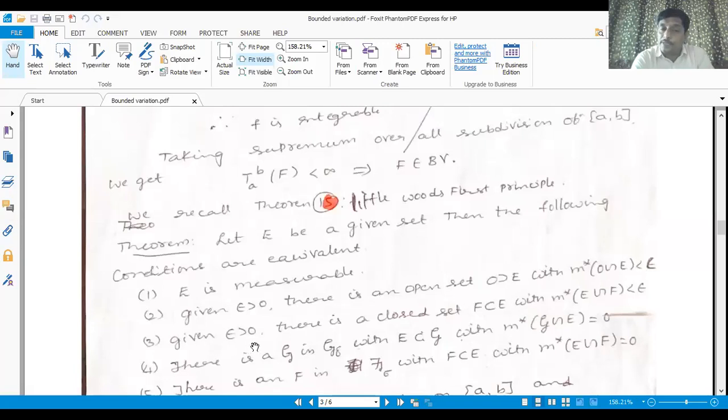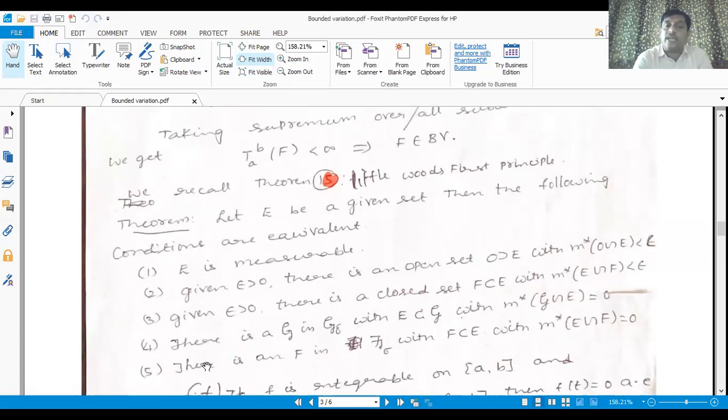Similarly, given epsilon positive, there is a closed set F contained in E with outer measure of E minus F less than epsilon. There is a G in G delta with E contained in G with outer measure of G minus E equal to 0.